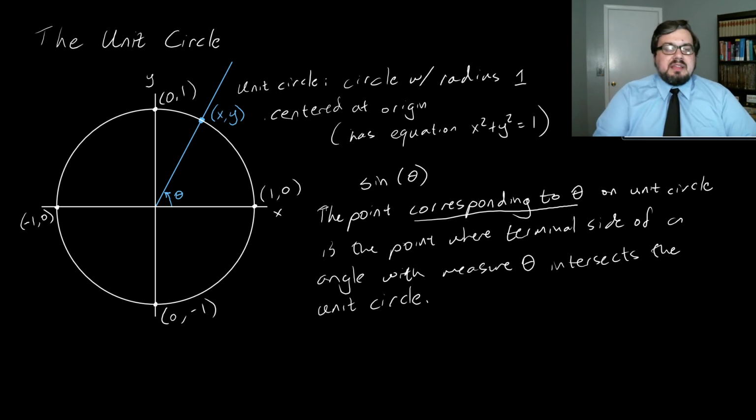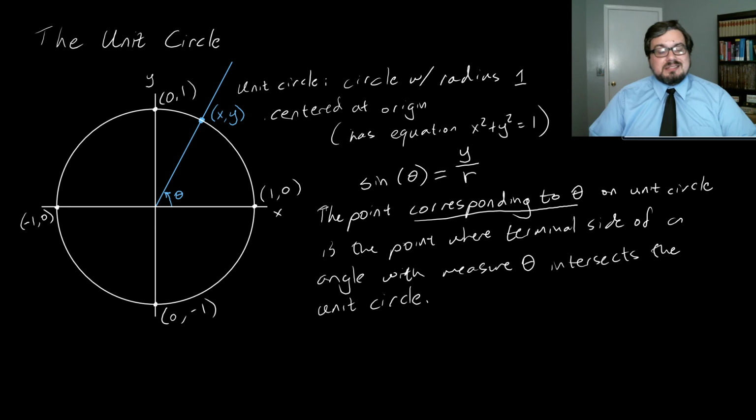And the thing that works out really well for us when we go to compute sine of this angle is that we know that sine of this angle theta will be y, the y-coordinate of this point, divided by r, where r is the distance from the origin to the point x, y. But we know that the point x, y lies on the unit circle.